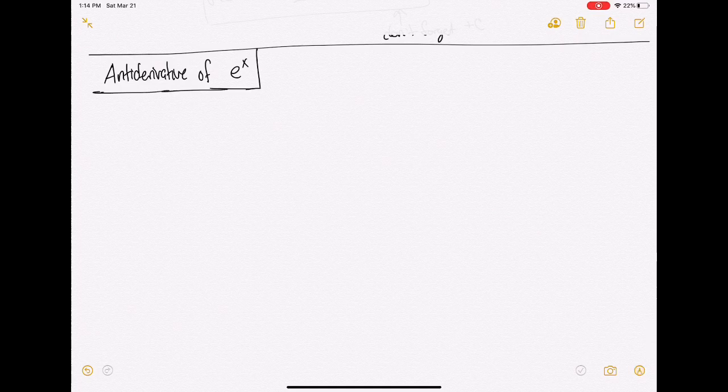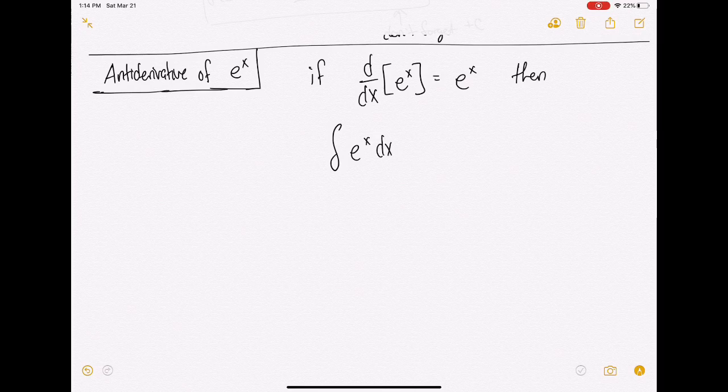And with the way last week went, although only 17 of you were there on Friday, hopefully you can believe me that if d dx of e to the x equals e to the x, then the antiderivative of e to the x, who has an idea of what it should be?